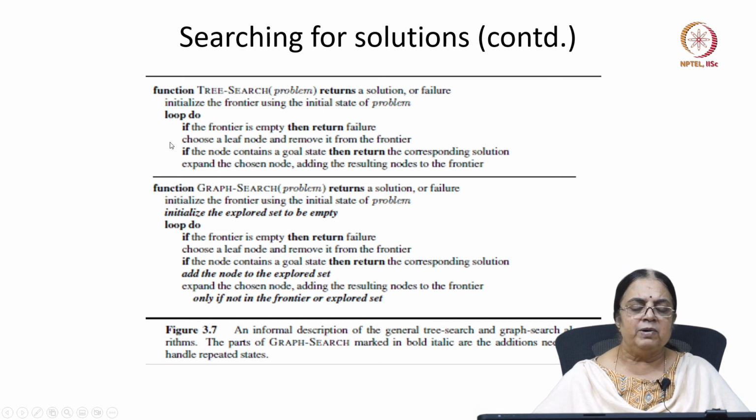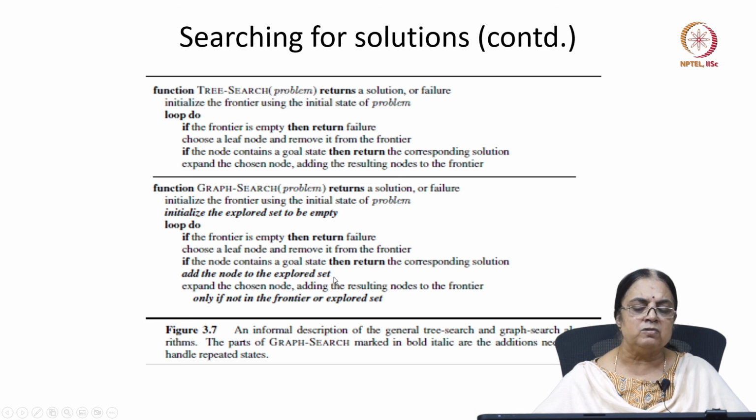But now, like I said, there may be nodes which have already been explored, so there's no point in exploring those again. That is what is called graph search here. You initialize the explored set to be empty. Choose a leaf node, remove it from the frontier. If it contains a goal state, return the solution. Add the node to the explored set.